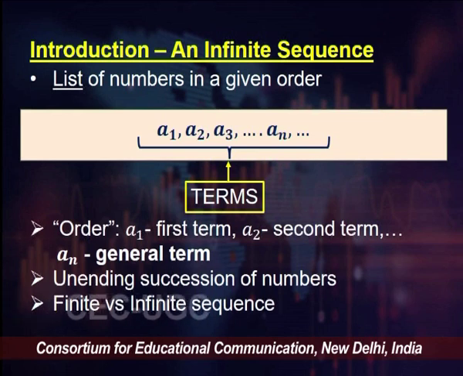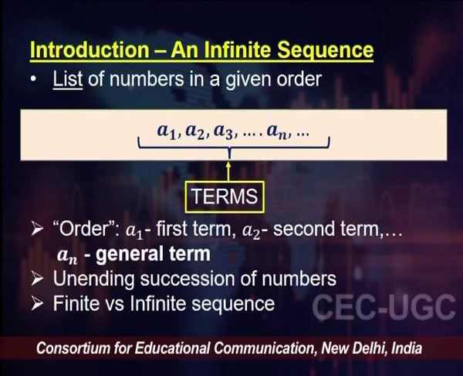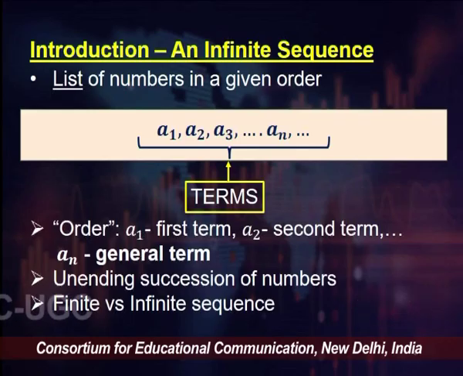Two points are in order here, two points of discussion. The first point is that in the entire first part of the video, we will be talking about an infinite sequence, where you have an unending succession of numbers. This is as against a finite sequence, where you have a finite set of numbers.